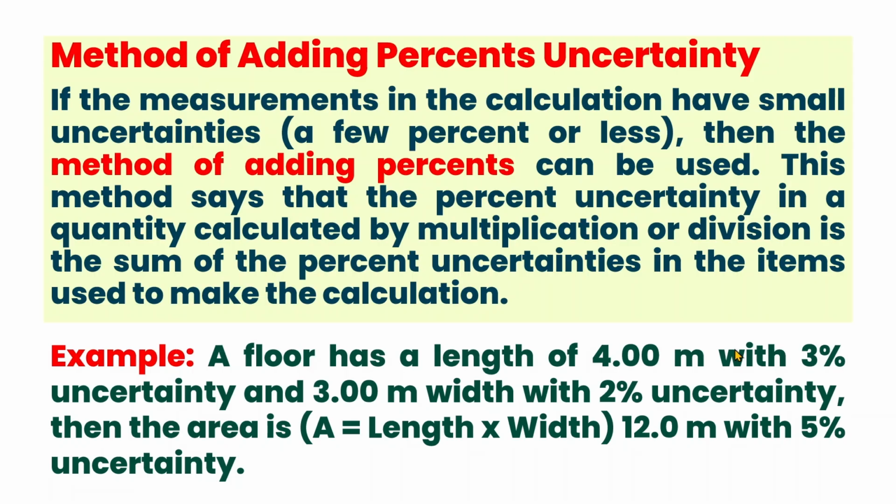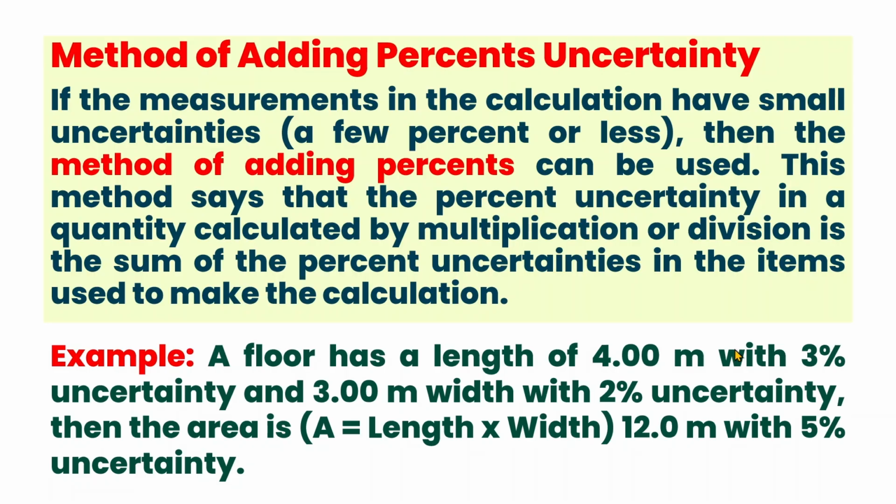So 4.00 times 3.00 meters, that would be 12.0 square meters. How about their uncertainties? We just add 3% plus 2%, that would be 5%. So if you multiply numbers with uncertainties or divide them, all you have to do with their uncertainties is add them all. Okay, so that will be all for uncertainties.